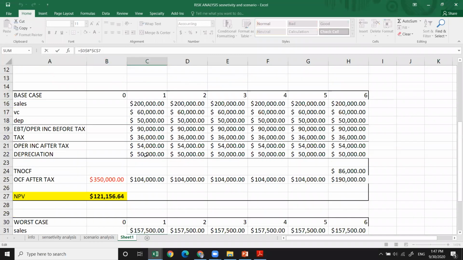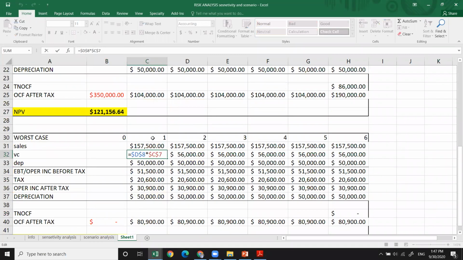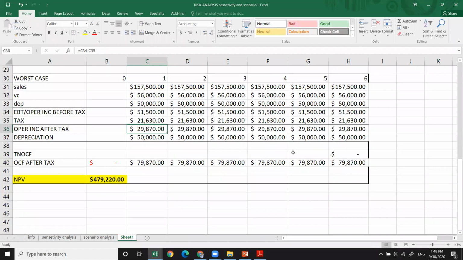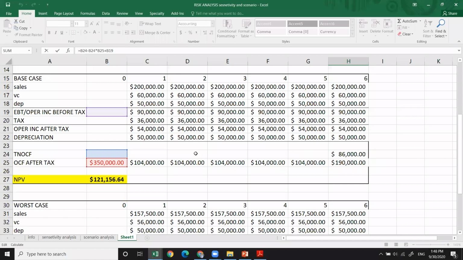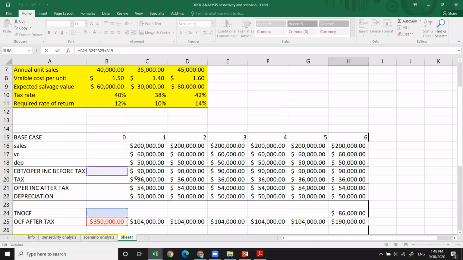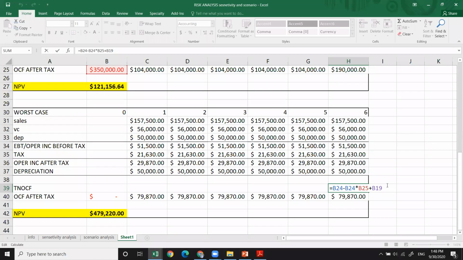So this is what I change. Okay, great. My tax rate should be highest. And my salvage value at the beginning.